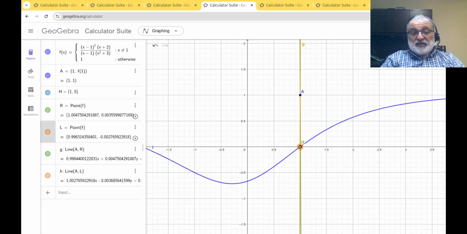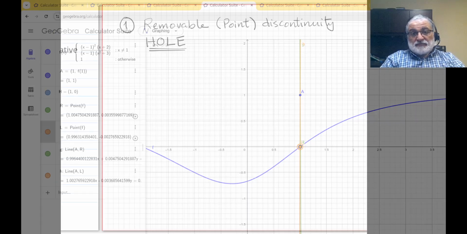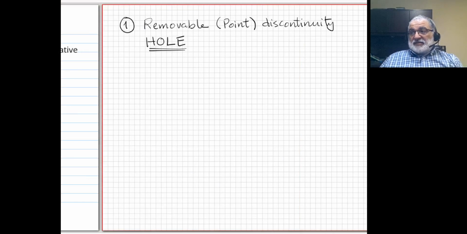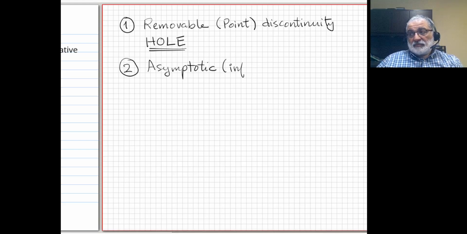All right? Now, what else? What other scenarios? We said that one type of discontinuity is removable discontinuity. Another type of discontinuity is when we have asymptotic or infinite discontinuity.